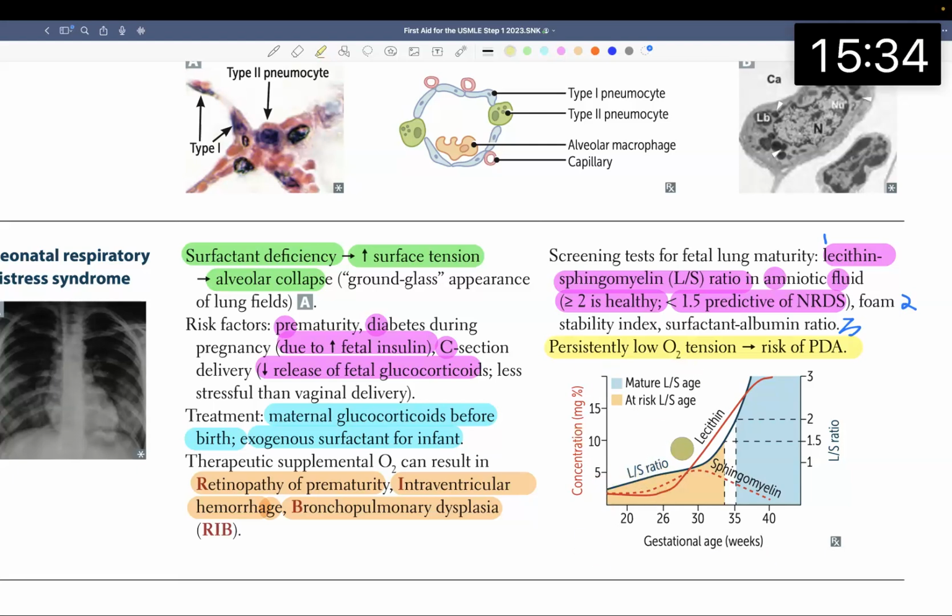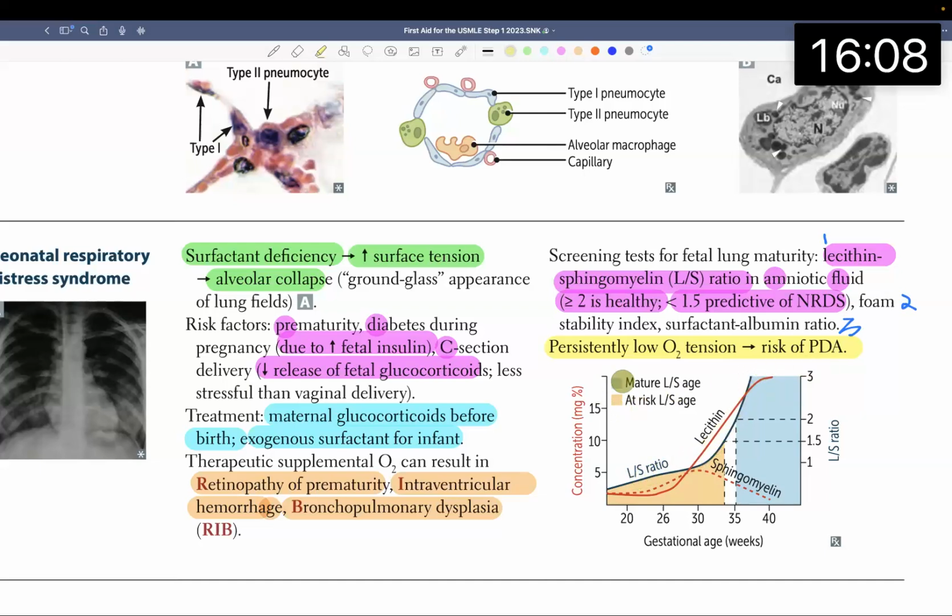So what are we seeing here? The lecithin level is lower at first, then starts rising around 25 weeks, peaks at around 35, and plateaus around 38 to 40. Sphingomyelin is higher than lecithin initially, but it starts declining. The net effect is that the ratio is initially low, but gradually increases and then starts peaking.